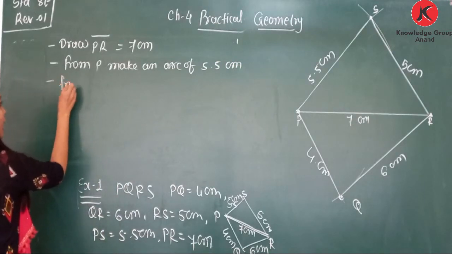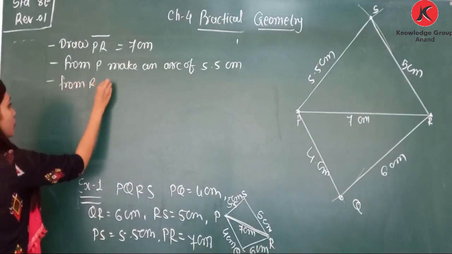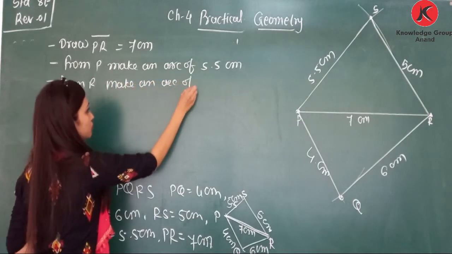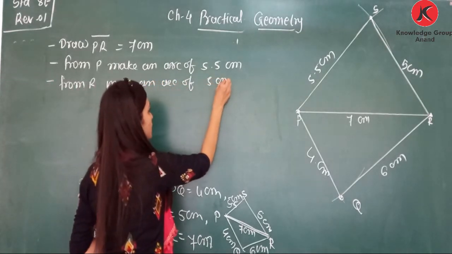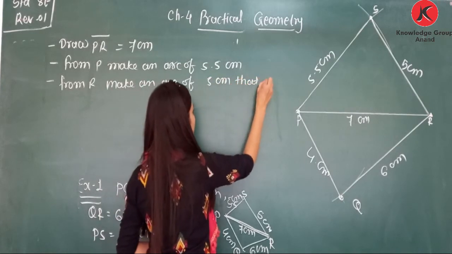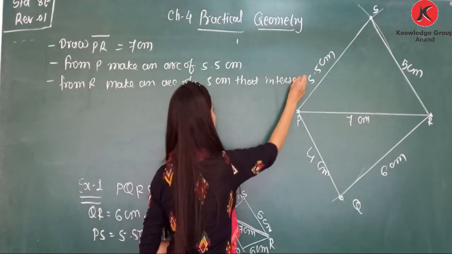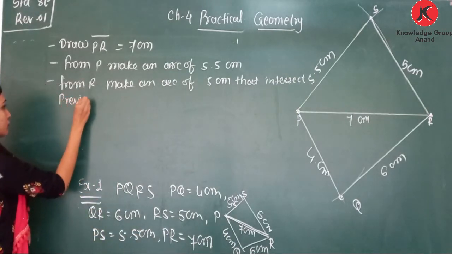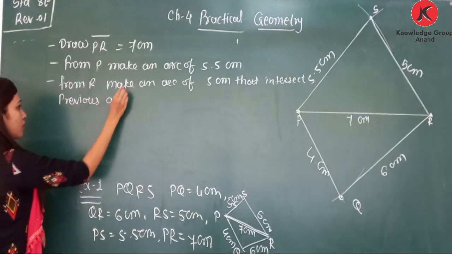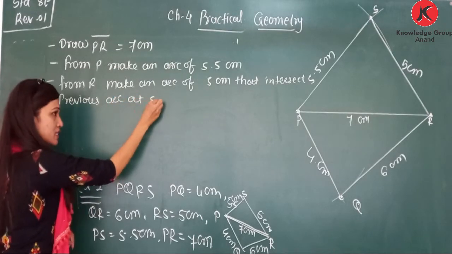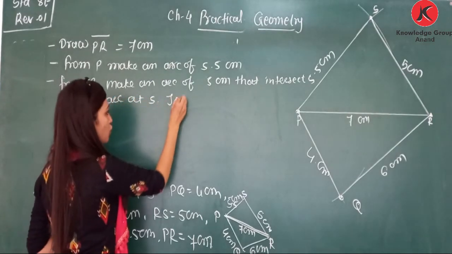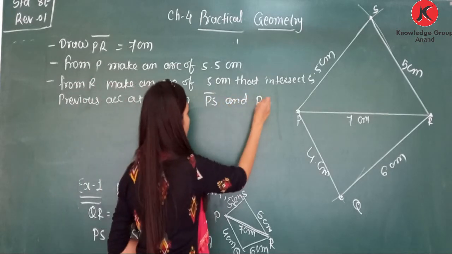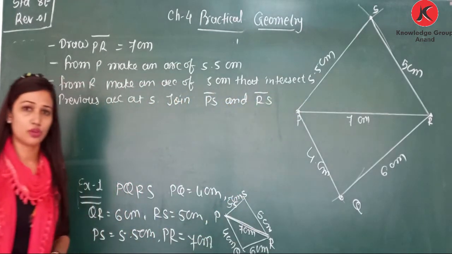Then from R, make an arc of 5 centimeter that intersect previous arc at S, join PS and RS. So our upper triangle is constructed.